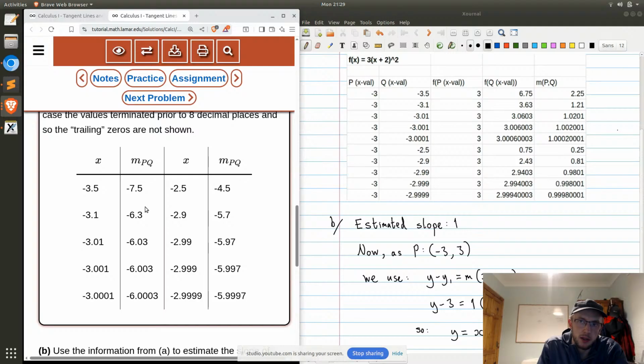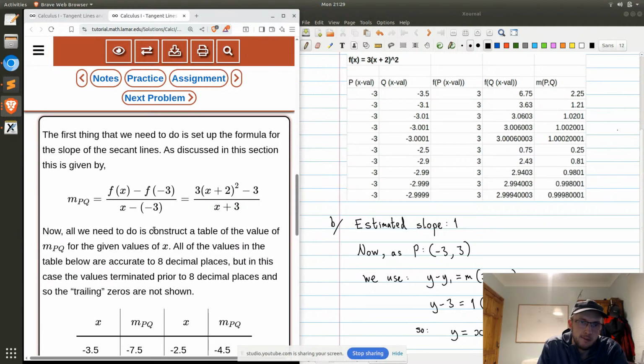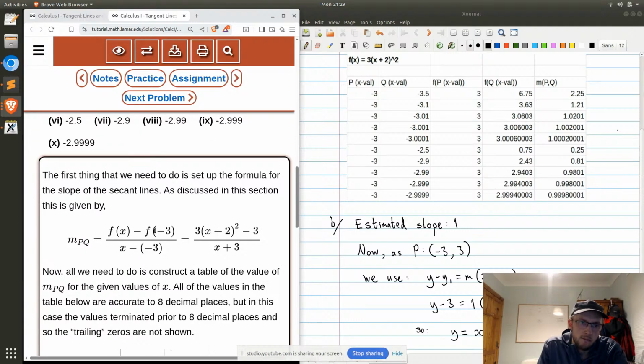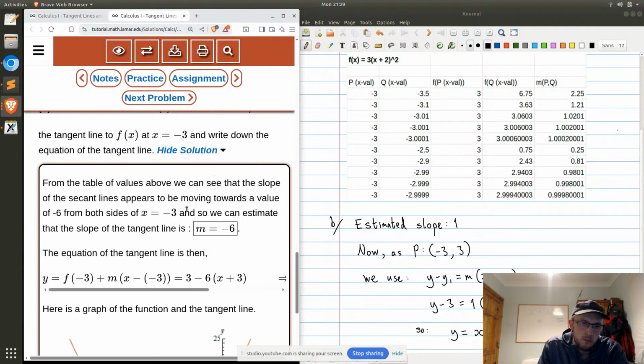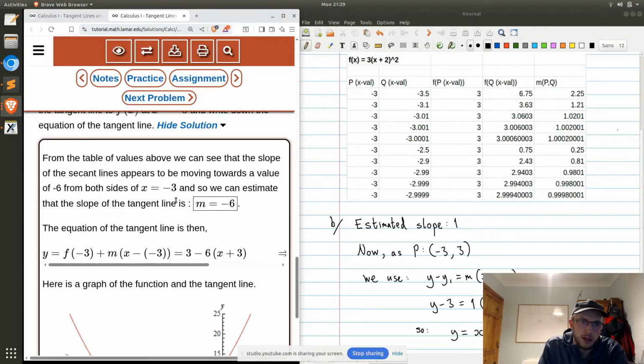Why is this not in agreement? Right, okay, so this is completely wrong.